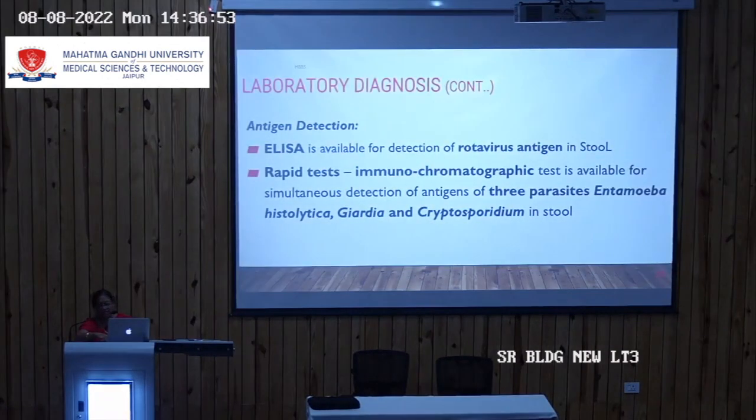Then antigen detection can be done by tests such as ELISA, where rotavirus antigen can be seen in stool, or rapid tests like immunochromatography, which is available for detection of 3 parasites at the same time, that is E. histolytica, giardia and cryptosporidium.